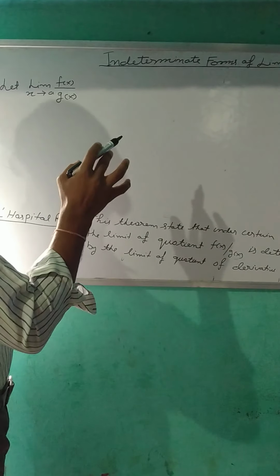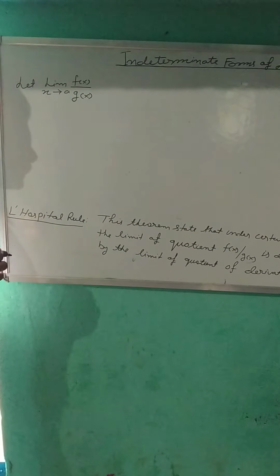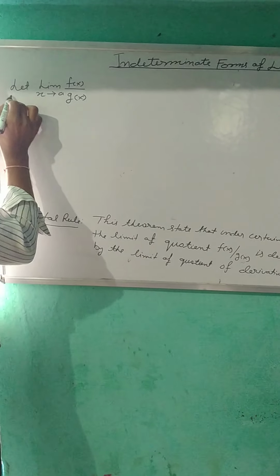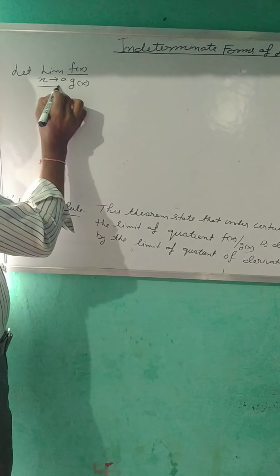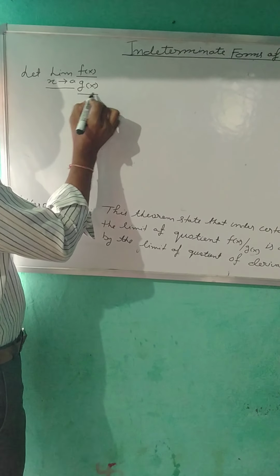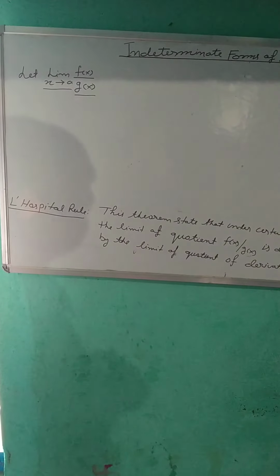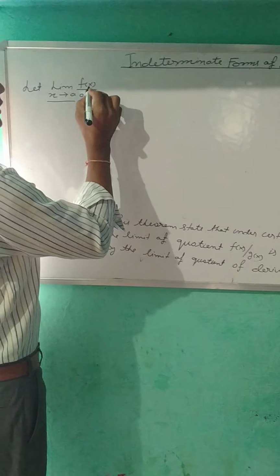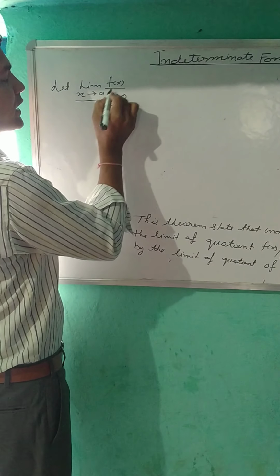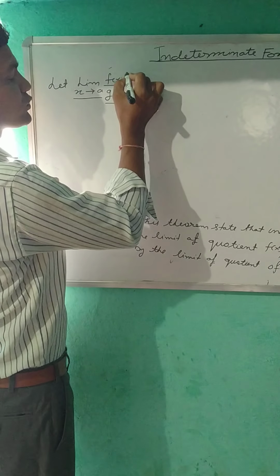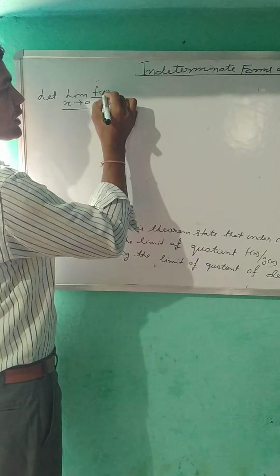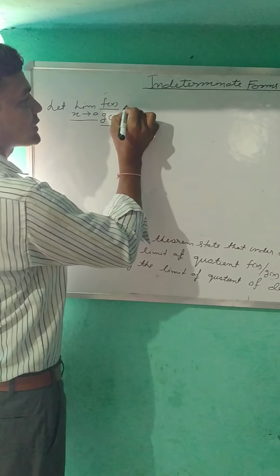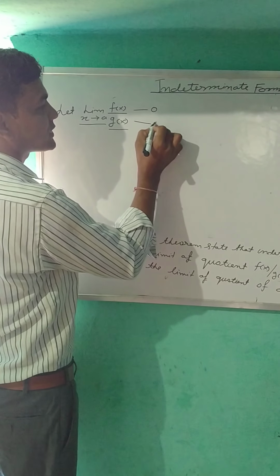Indeterminate forms are generally created when we are solving quotient type limits of a function. For example, let me take the limit as x tends to a of f(x) upon g(x). In this function, when x tends to a, suppose the limit of f(x) tends to 0 and the limit of g(x) tends to 0.